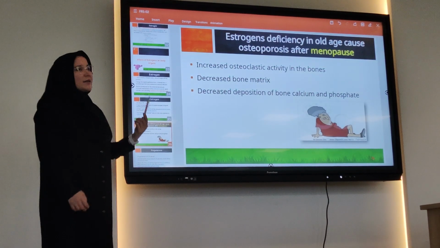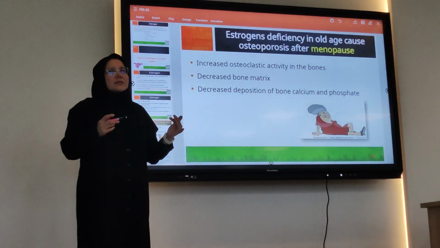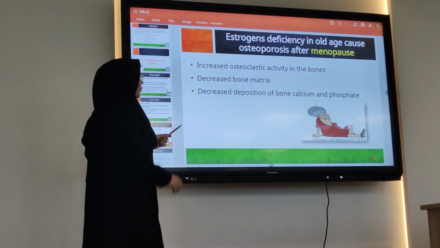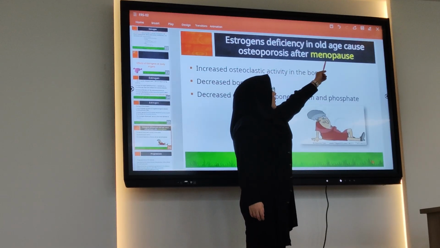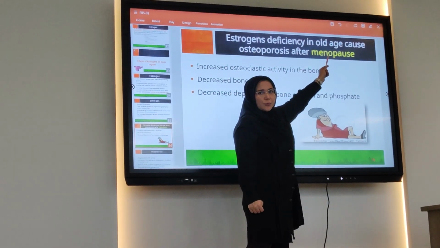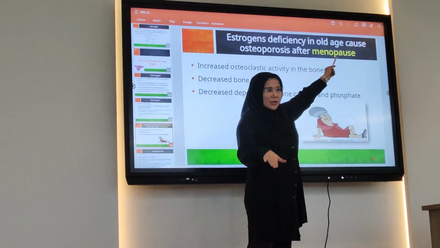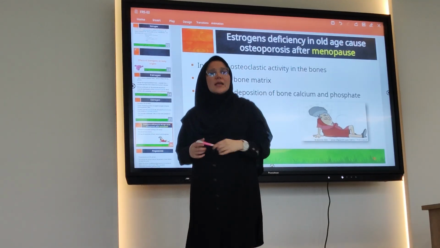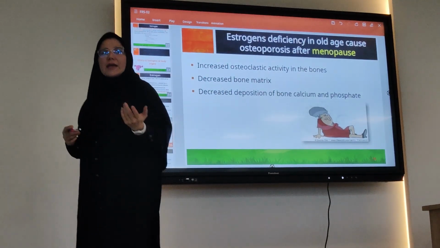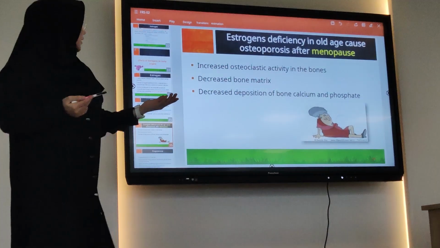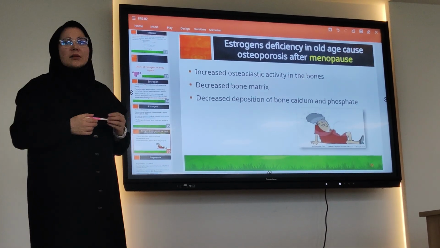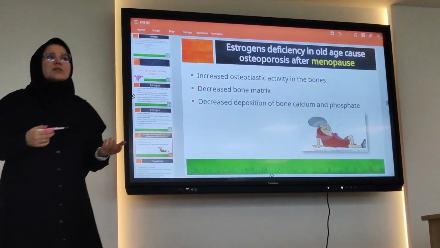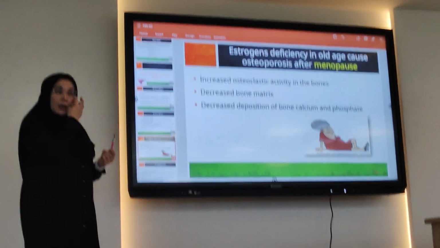So, my dear friend, we have a phase that we discussed. It's menopause. Menopause means menstrual cycle pause, stop. This stage happens after age 40 or 50 in female, and estrogen deficiency causes osteoporosis. Why?